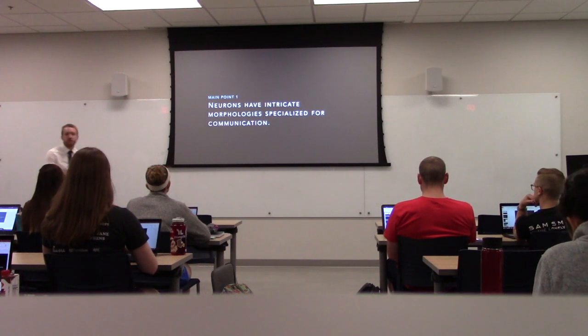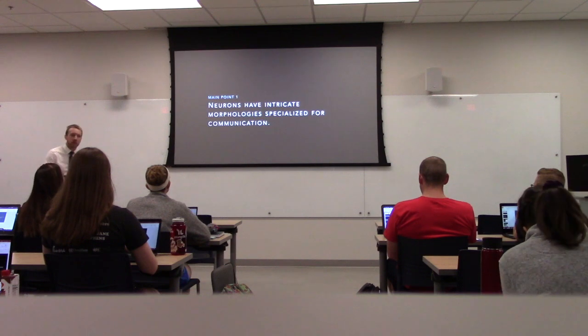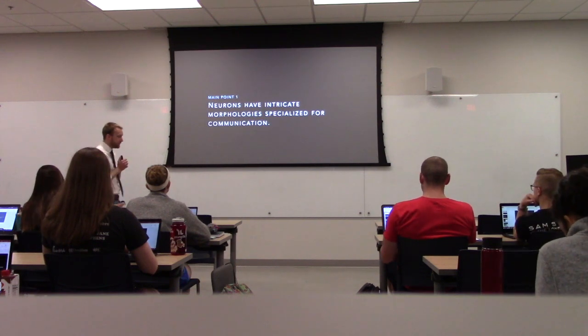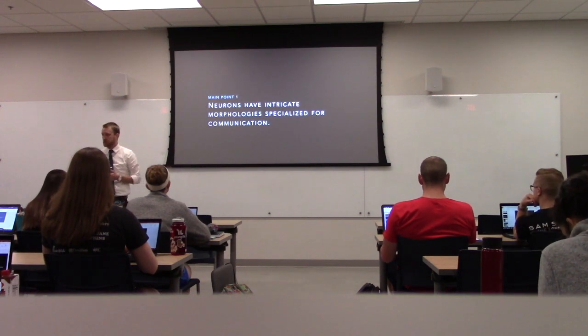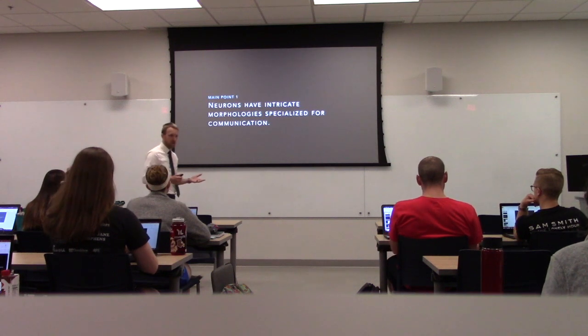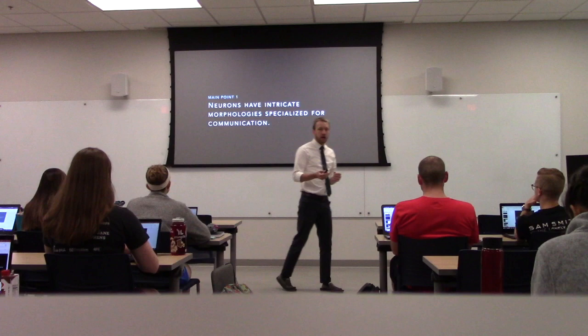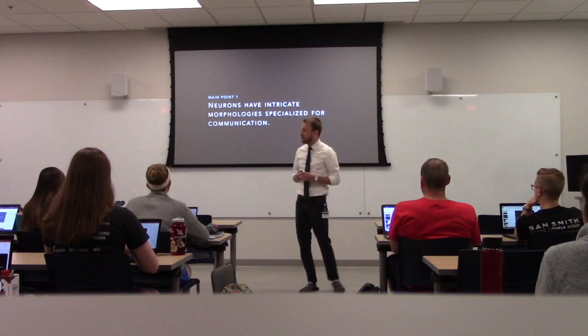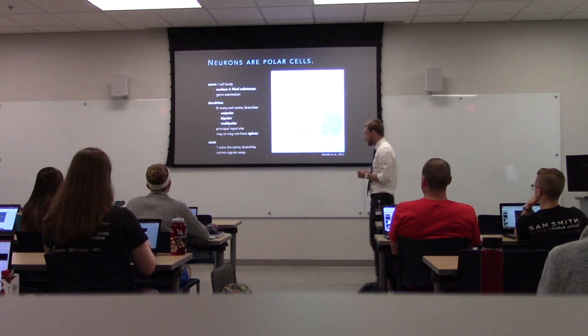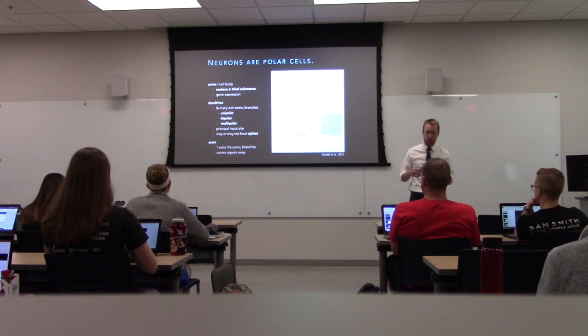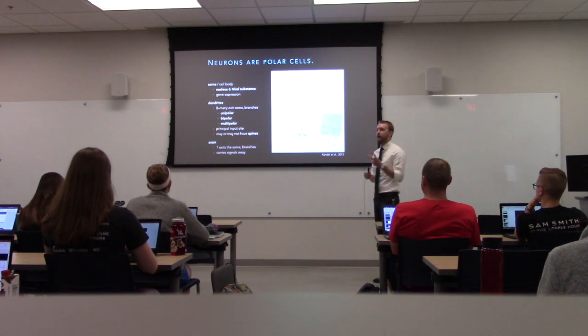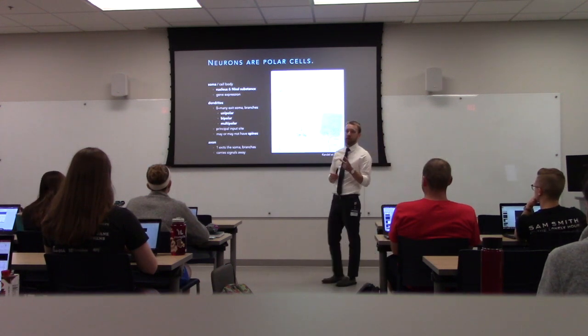Neurons are highly specialized cells, and they're specialized for communication. That's their job. Talk to each other, talk to a target tissue. So they have intricate morphologies that allow them to carry out this special function. When we think of neurons, we think of them as polar. And there's a couple meanings to that word.